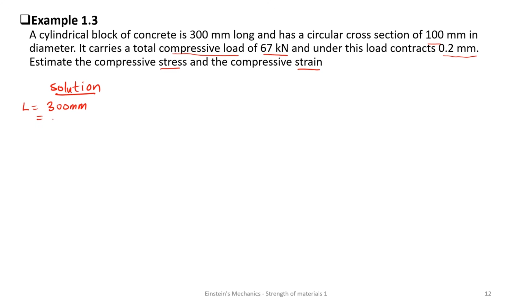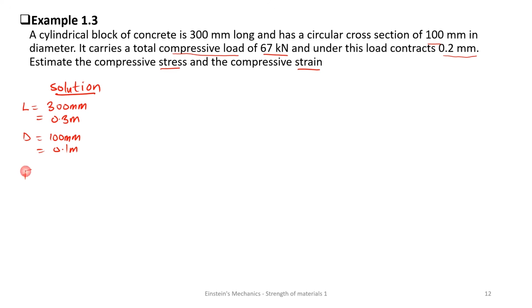We are getting 0.3 meters, and it has a circular cross section of 100 millimeter. So the cross section was 100 millimeter in diameter. So diameter D of the cylindrical block was 100 millimeters. So that would be 0.1 meters. It carries a total compressive load, or compressive force, of 67 kilonewton.